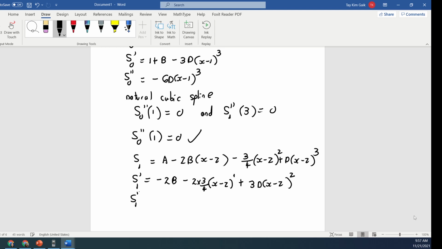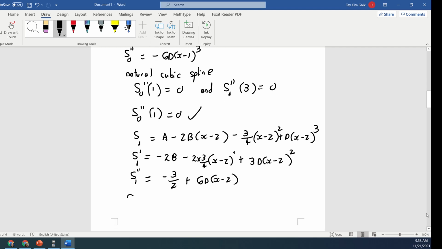For the second derivative, we differentiate once more: negative 3 over 2, and the last term becomes 6d(x minus 2). Plugging in 3, 3 minus 2 is 1, so negative 3 over 2 plus 6d equals 0.